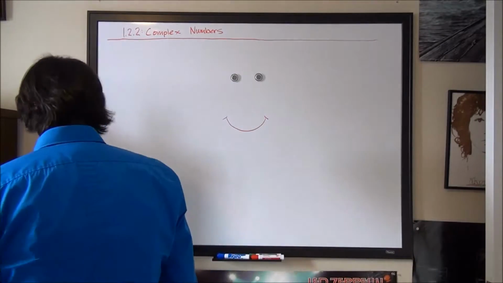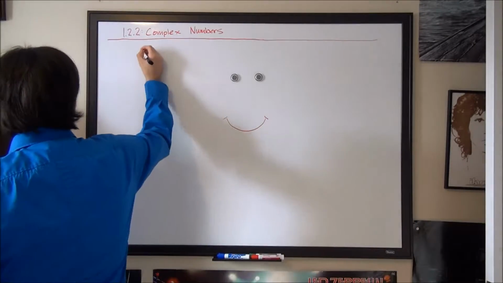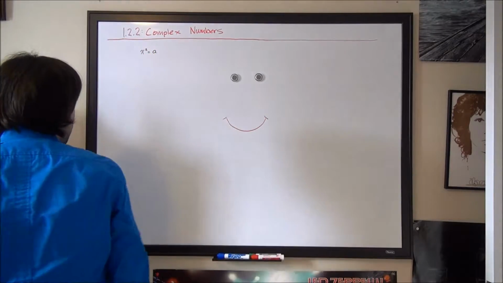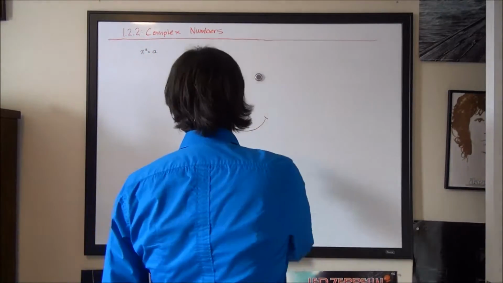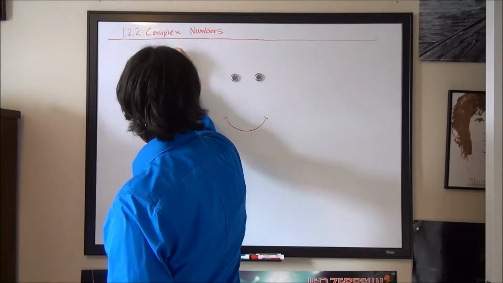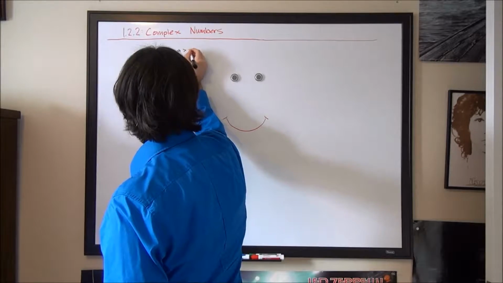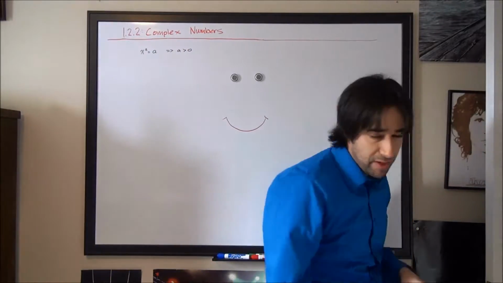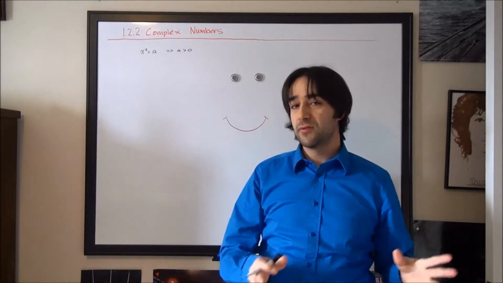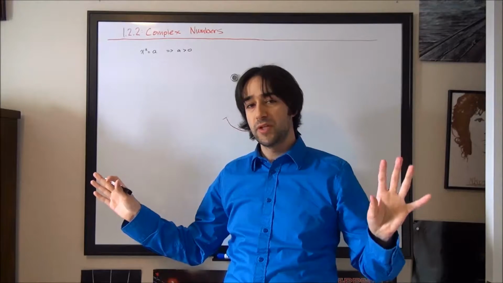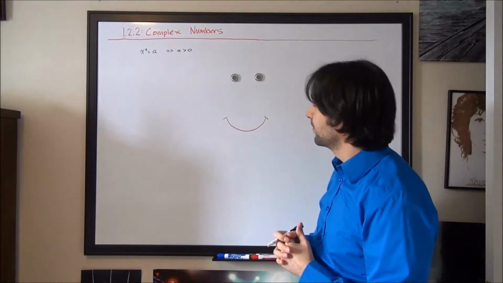So, let's start with this. If we write down this situation, x squared is equal to a, that implies that a must necessarily be a positive number for any real value of x. And what we mean by a real value of x is negative infinity to positive infinity, any number in between that you can possibly imagine.